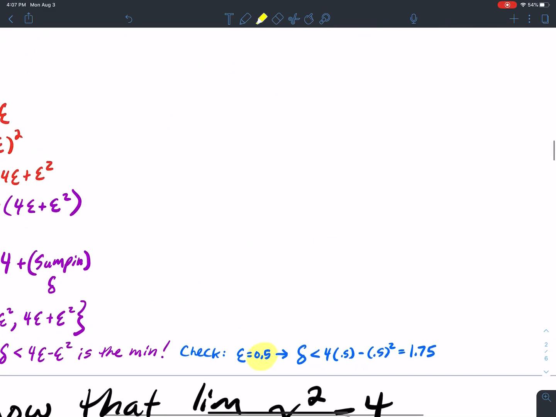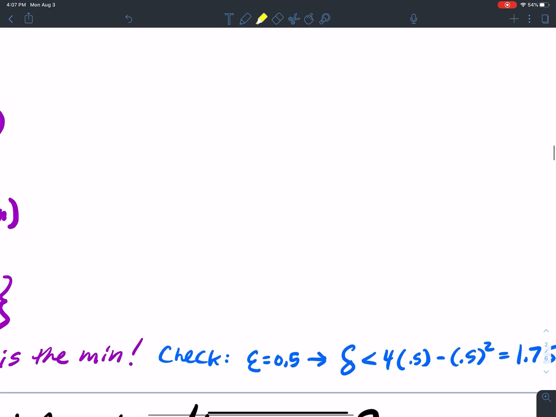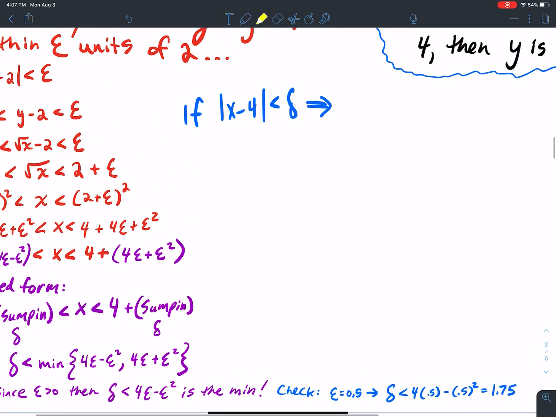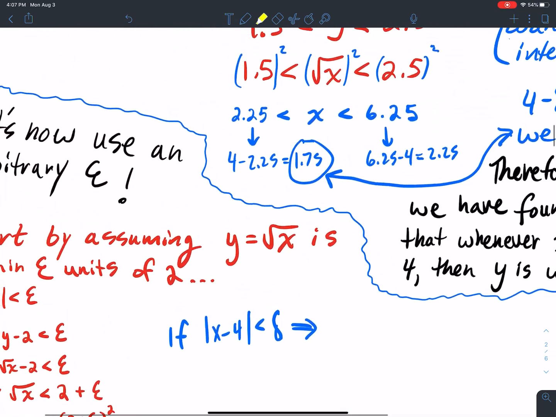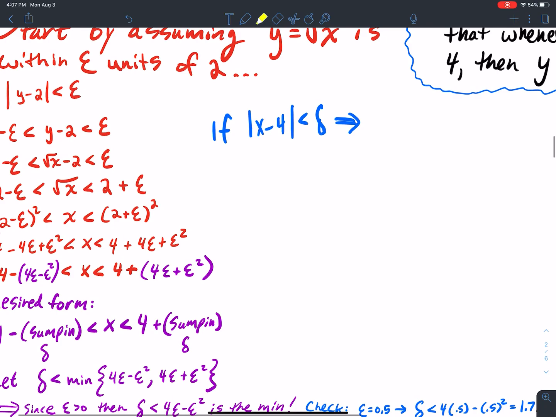I plug in 0.5 here, and I get the smaller delta of 1.75 there. So it turns out if you plug in 0.5 into this, you get that 1.75. So that's what we're looking for, the smaller of the two deltas. So we're kind of making connections here, all right?